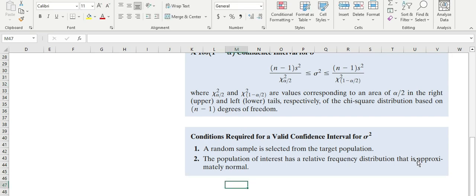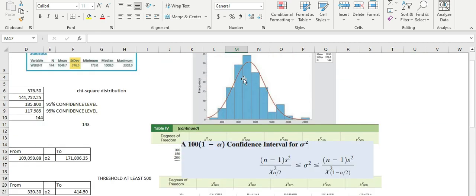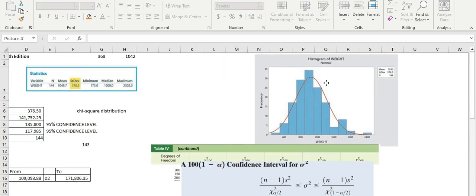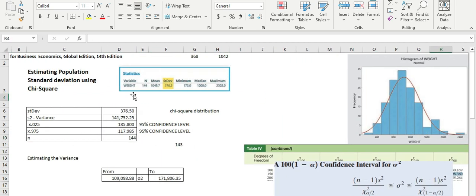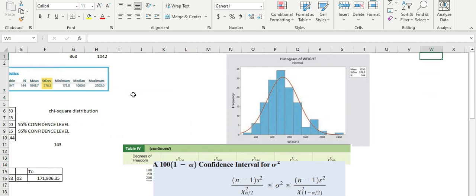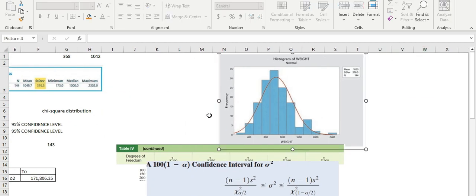Like this one, this is a whole normal distribution. So before estimating the population standard deviation or variance, you should check the histogram of your sample. I think I already have explained it all.